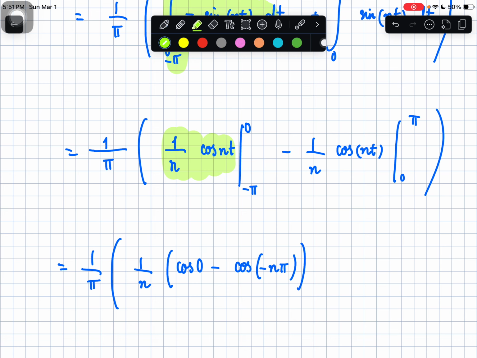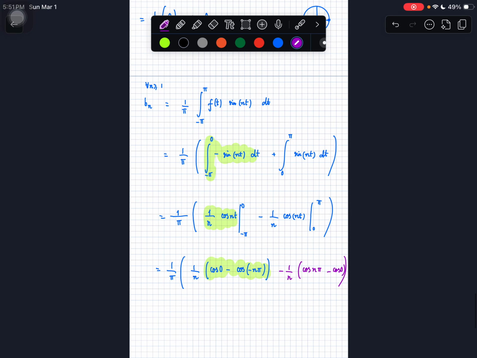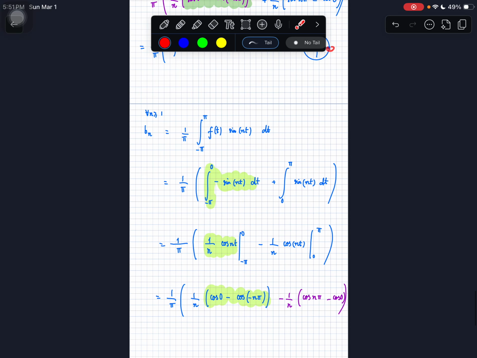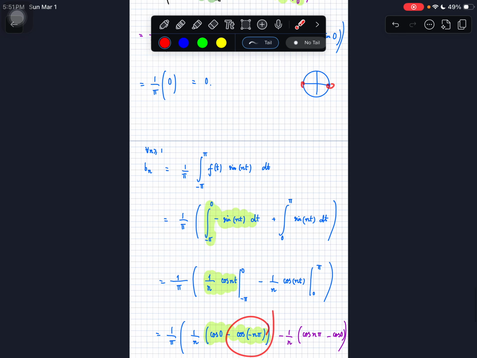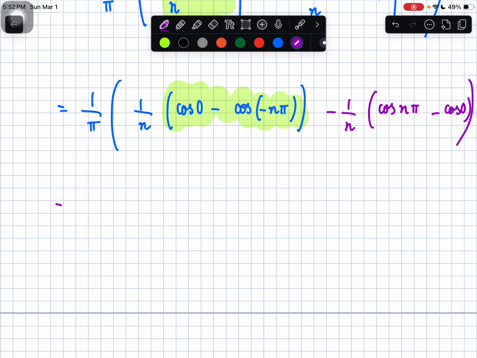For the second term, 1 over n, cosine n pi minus cosine 0. So we have cosine 0 equal to 1, cosine minus 1 pi is minus 1, minus 2 pi is plus 1, minus 1, plus 1, forever like that. So you have 1 over pi, 1 over n, 1 minus cosine n pi.